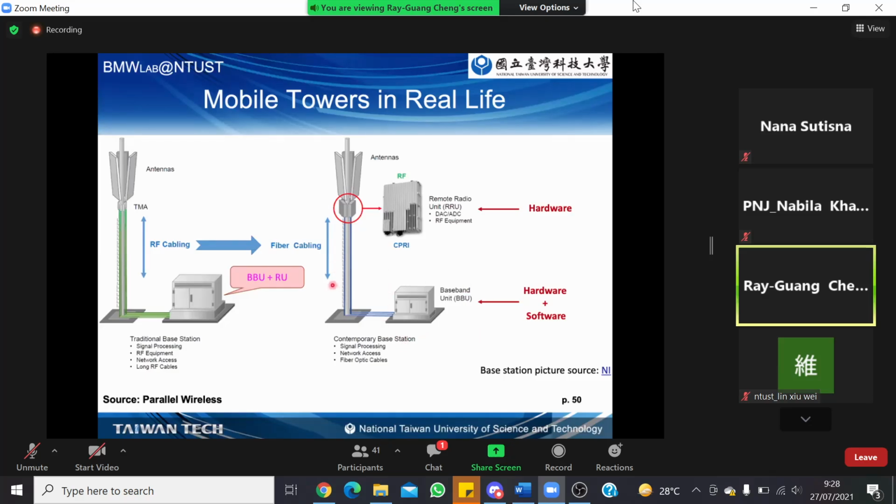Both of them can be interconnected through RF cabling or fiber. So they can use the RF part as pure hardware. They implement everything in ASIC here. But for the base station part, they still need to have hardware plus software.